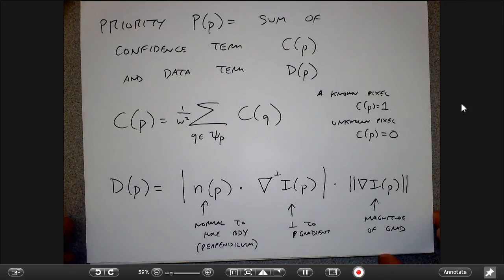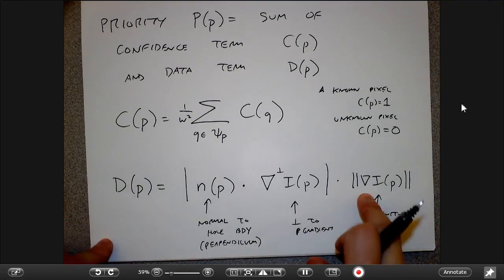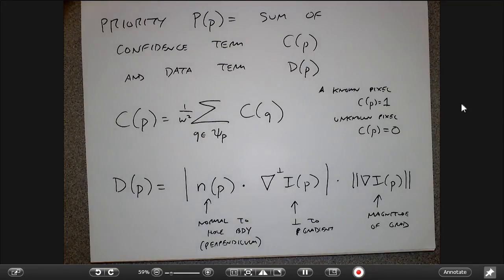So what I want to do is find high gradient regions, right? Places where there are edges. And I also want the gradient and the hole boundary to be perpendicular to each other, so the gradient is pushing perpendicularly directly into the hole, right?